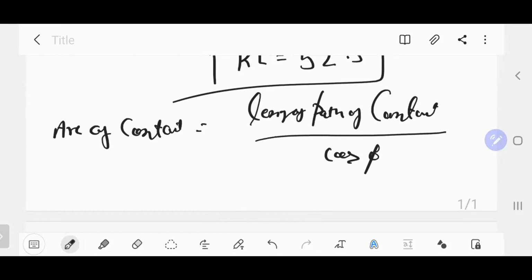So arc of contact is equal to what? Length of path of contact divided by cos 5. We have the length of path of contact, that is 52.5. So do the calculation. What is the answer?